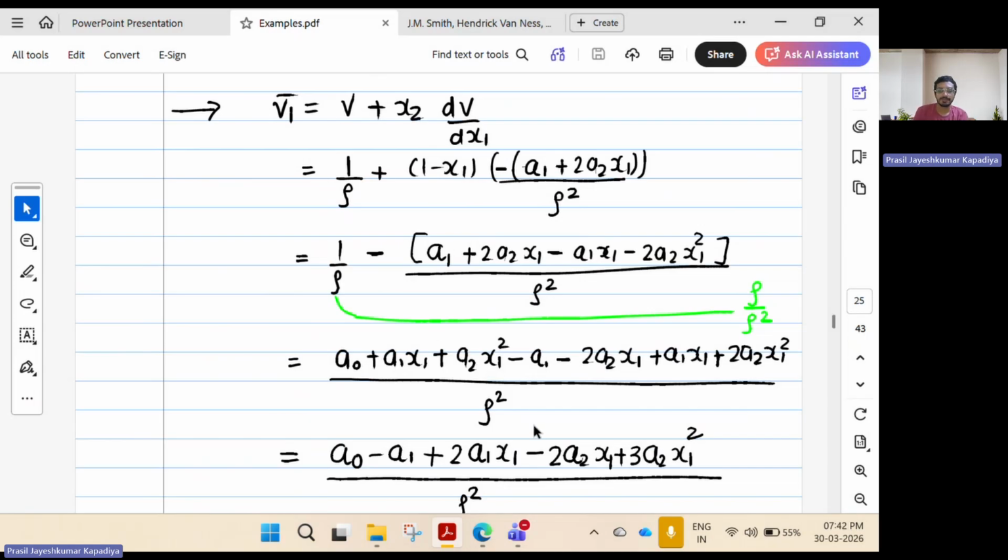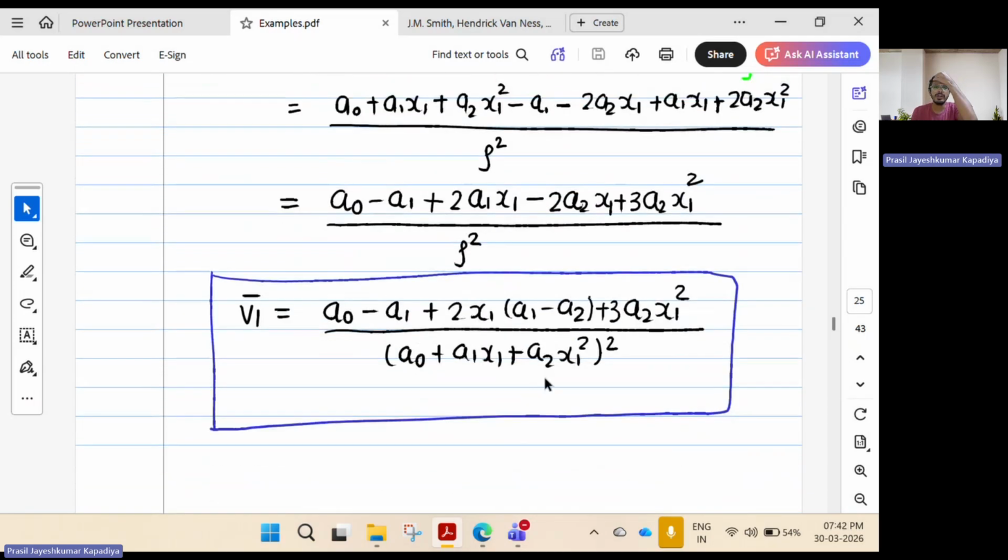If I simplify: constant term a0 minus a1; x1 terms a1 x1 and a1 x1 give 2a1 x1, then minus 2a2 x1; then a2 x1 square and 2a2 x1 square give 3a2 x1 square, divided by rho square. So it is a0 minus a1 plus (2a1 minus 2a2) x1 plus 3a2 x1 square divided by a0 plus a1 x1 plus a2 x1 square whole square.